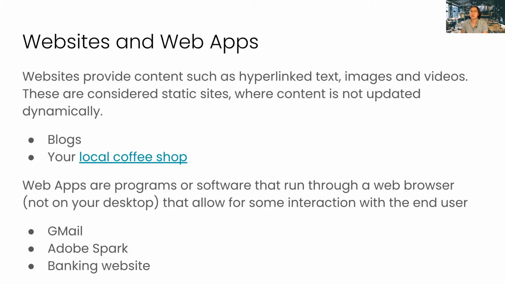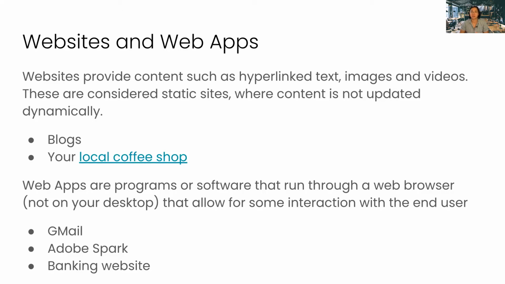So first, let's talk about websites and web apps. These are the two things that we really browse for in a web browser on the web. What I mean by a web browser is something like Google Chrome, Safari, Opera is another kind of used web browser.